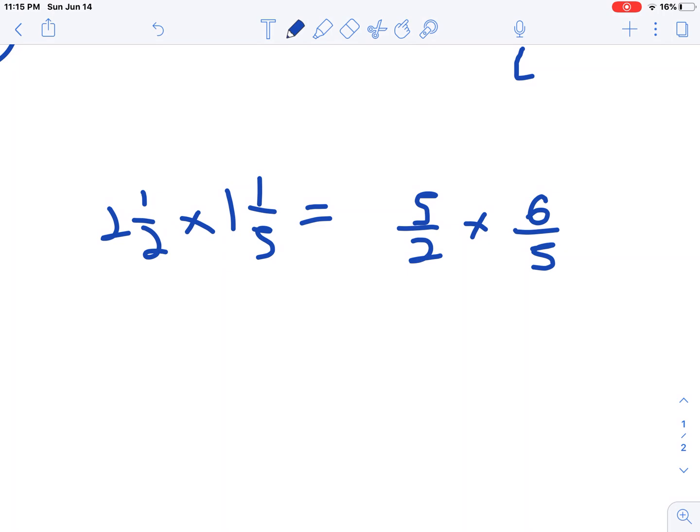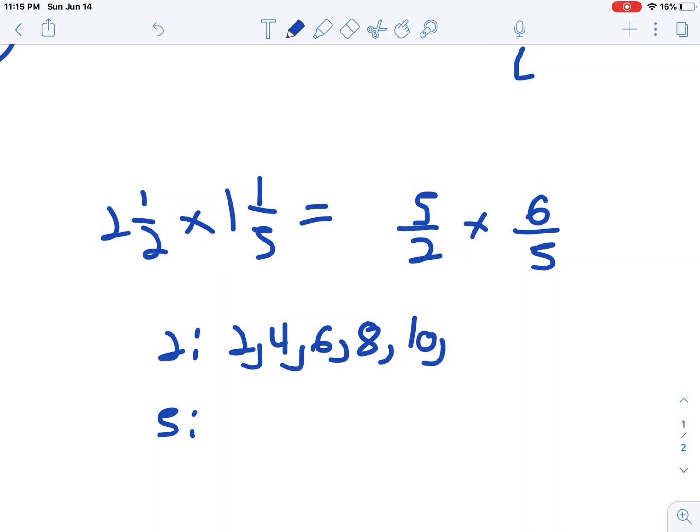So now we have to make the common denominators. So once again, it's 2 and 5. So now we will do the same thing. Alright, so now we listed our common denominators.